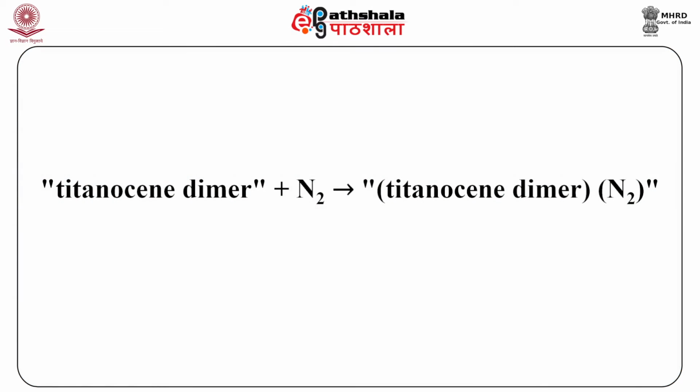Similarly, dinitrogen can be added to various metal complexes, such as the titanocene dimer, forming a dinitrogen titanocene dimer complex. In the second example, we can see that the fully methylated derivative of the titanocene dimer was recently synthesized at -80 degrees.